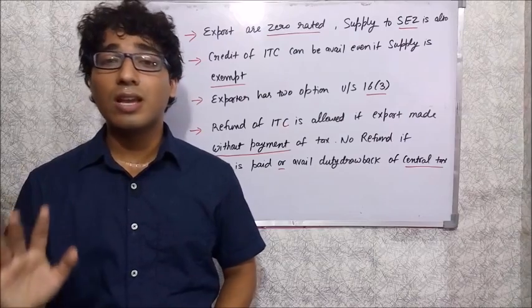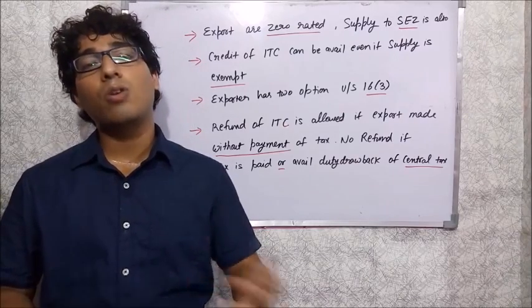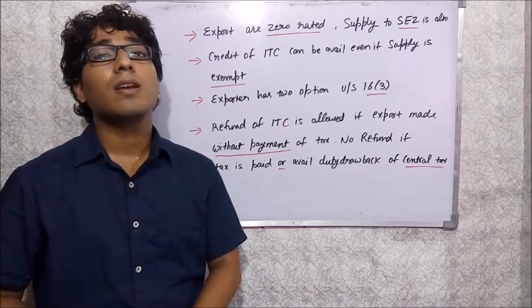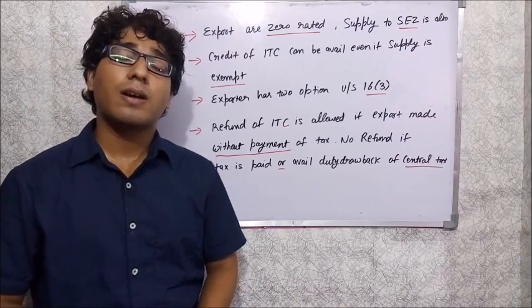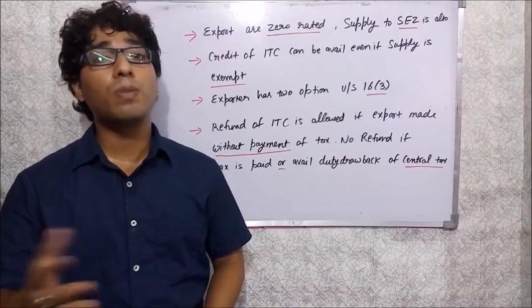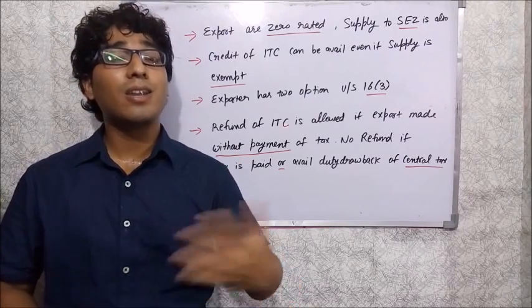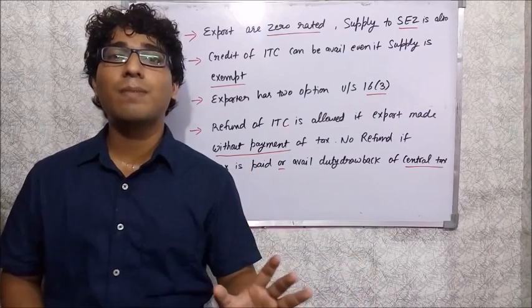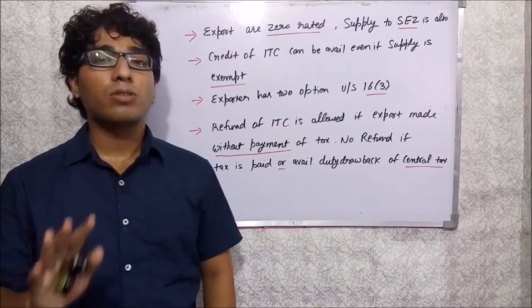But if you are supplying your goods without payment of duty, it means that your input tax credit is unused, so you can claim the refund of that unused input tax credit under section 54 subsection 3.